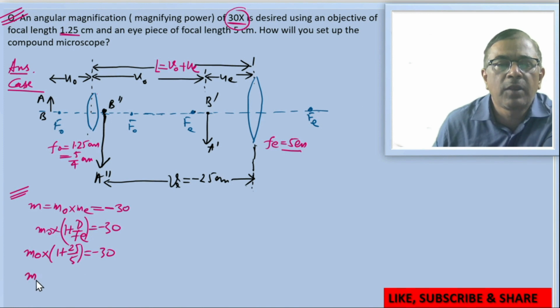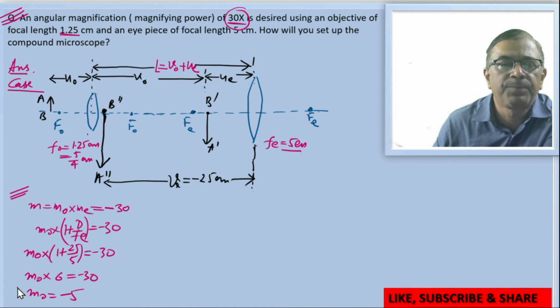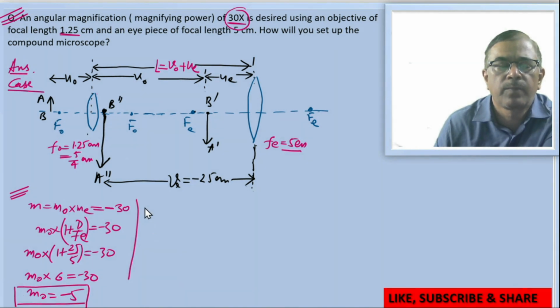So MO into 6 equals minus 30, or MO equals minus 5. Or VO by UO equals minus 5.